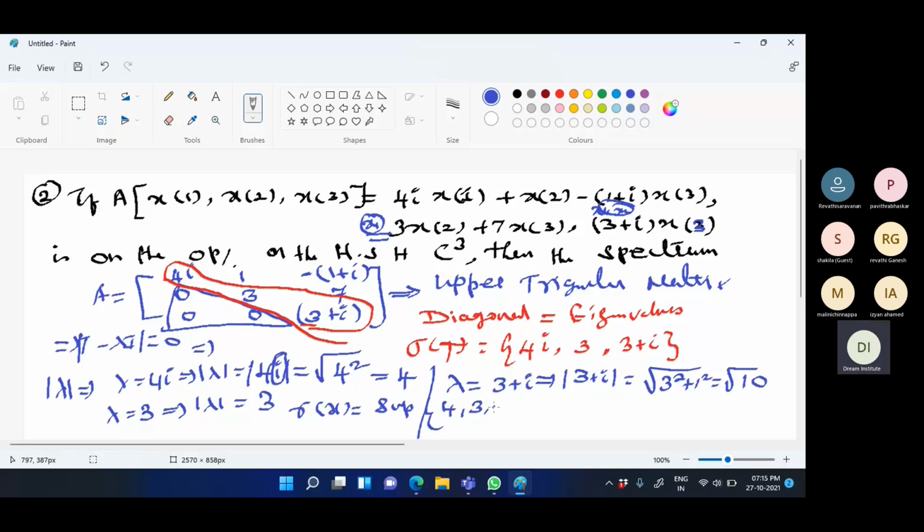Which one is the maximum value here? 4, 3, root 10: which of these three is the greatest value? That means the supremum of modulus of lambda.